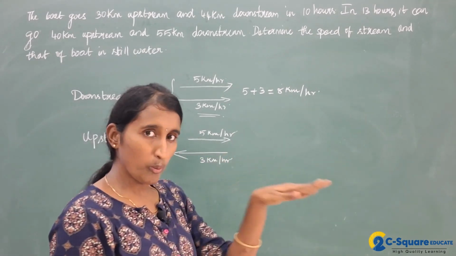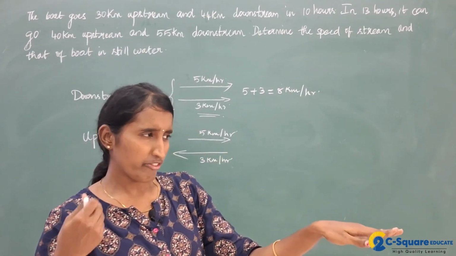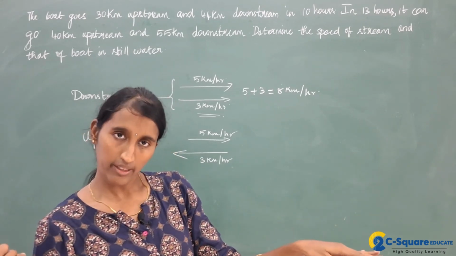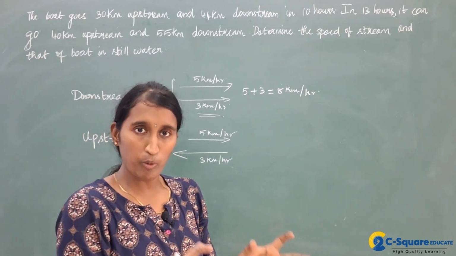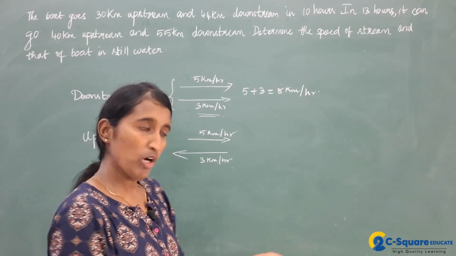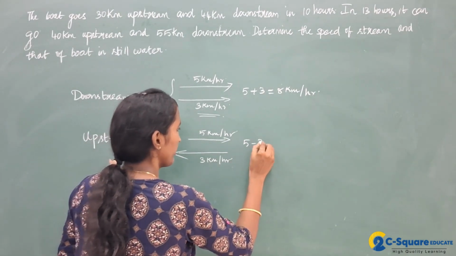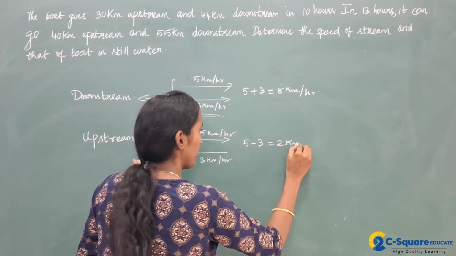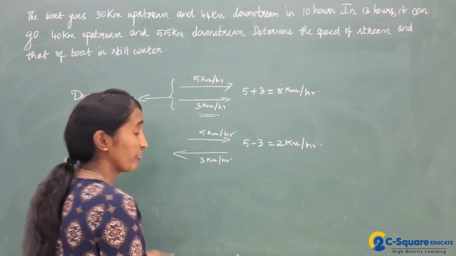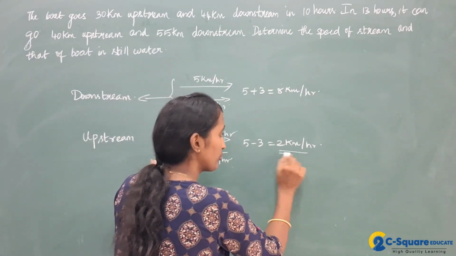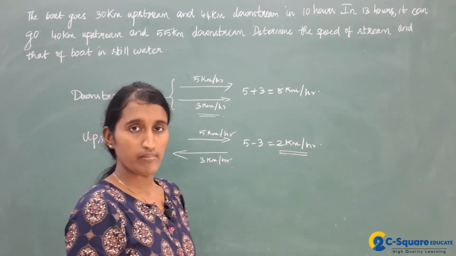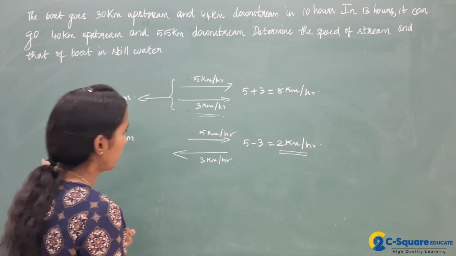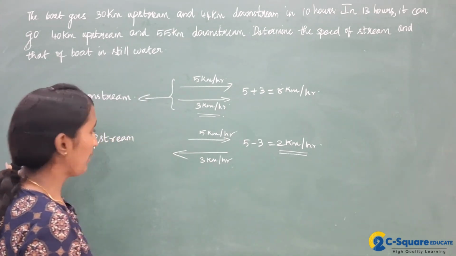So the boat is moving with some speed and some force is against the boat, right? So the final speed of the boat will be reduced by how much? 5 minus 3 is equal to 2 km per hour. So finally the boat will be moving with this speed only. Fine. So this is called downstream and upstream.